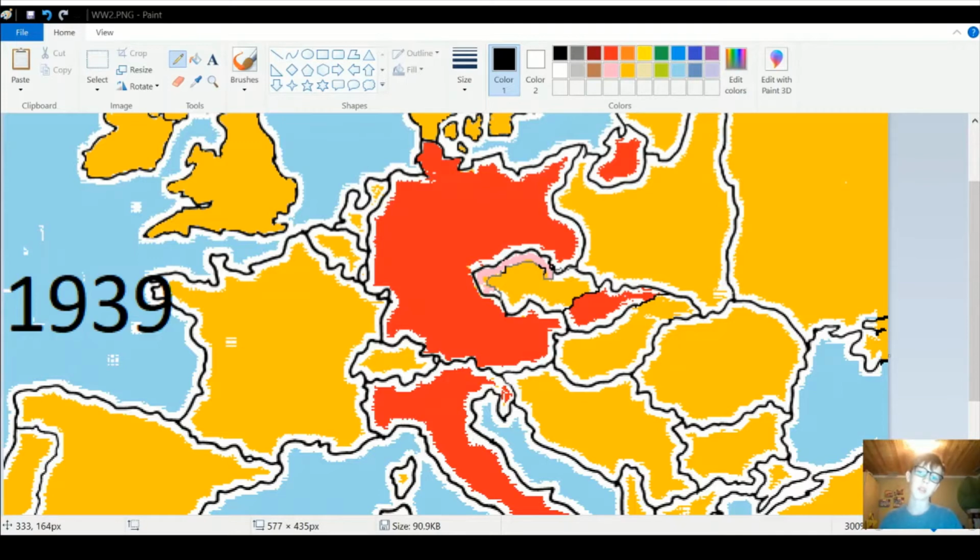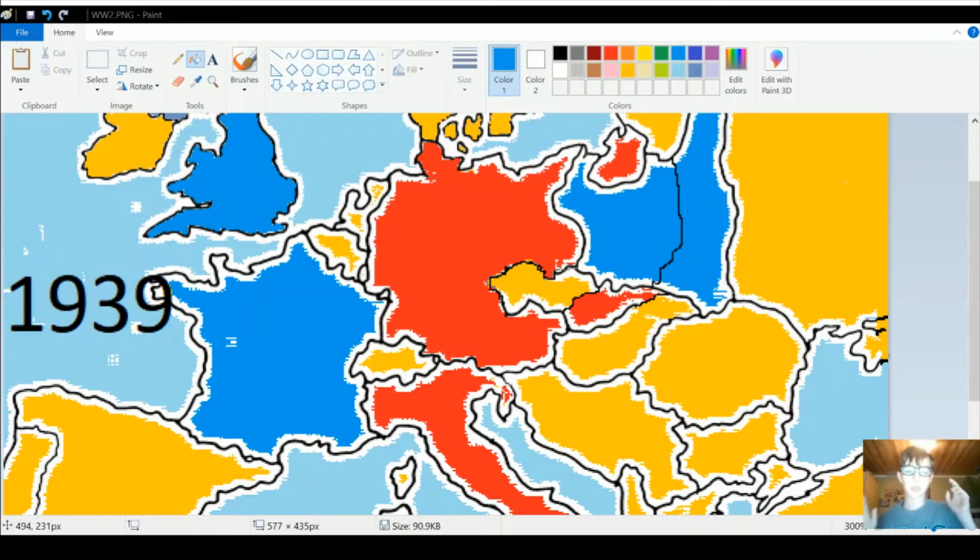The rest of this was still Czechoslovakia, but there's this small area here, the pink, that's called the Sudetenland. Basically, it's got a bunch of Germans in it, and Germany wants to unite all the Germans. That's kind of their whole cause here. And so later on, they're going to annex this.